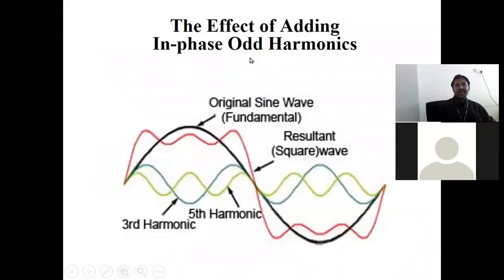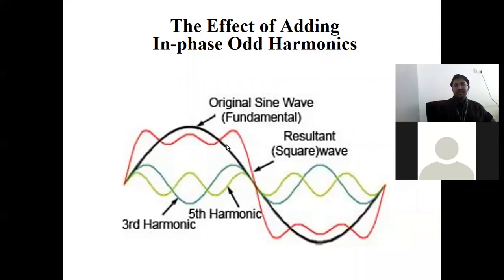Now let us see how phase distortion can change the shape of the waveform. For example, say this is the signal that you are expecting. Now, according to the Fourier series, you can represent this signal as a combination of sinusoidal signals.